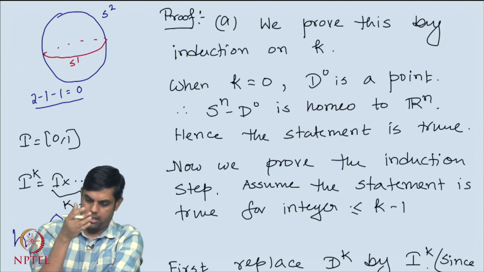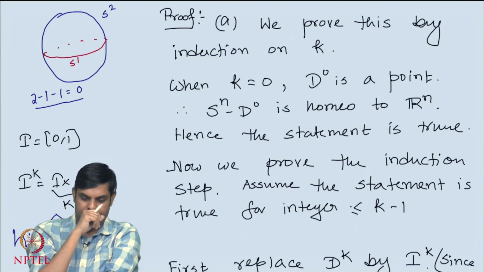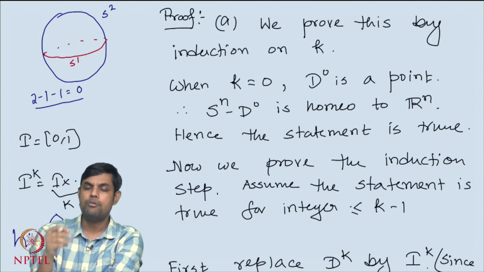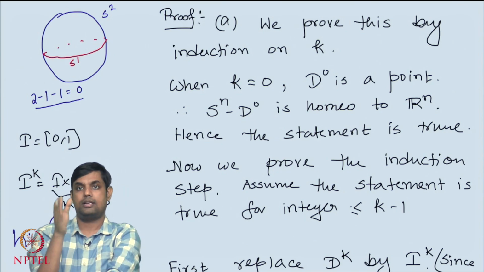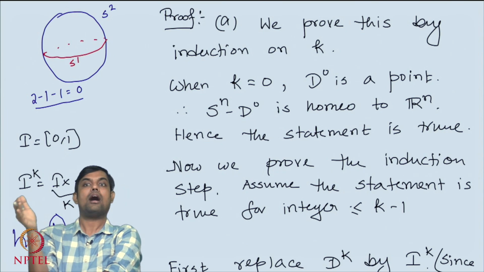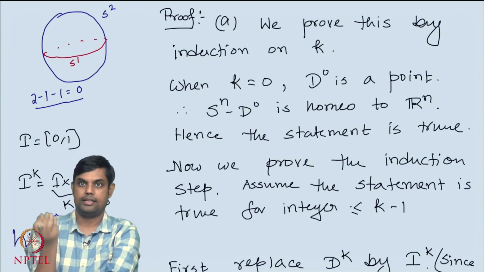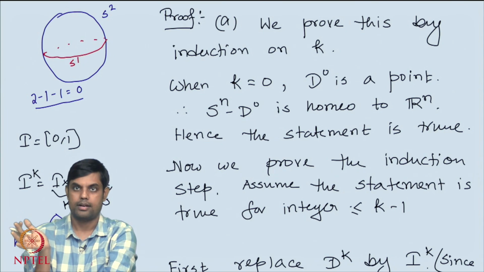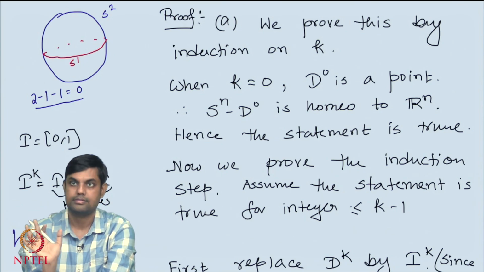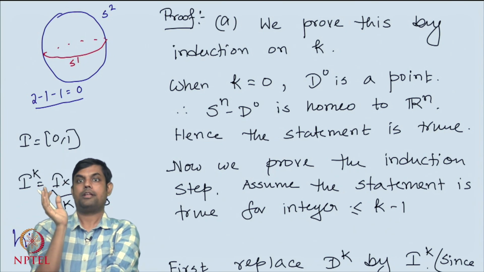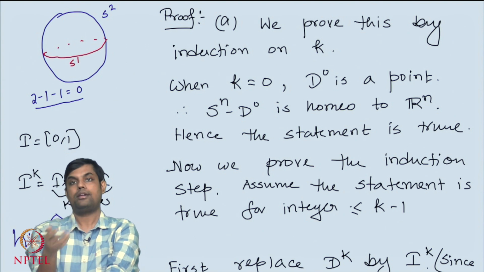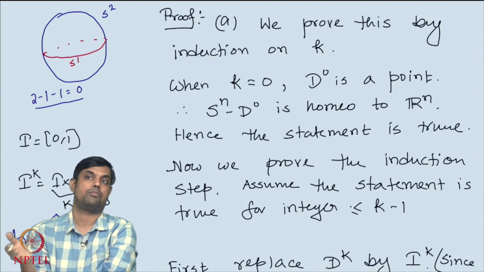So, now if I remove a point from S^n, no matter what the dimension n is, I am going to get R^n. S^n minus a point is homeomorphic to R^n, which is acyclic, okay. In particular all its homologies are trivial, all reduced homologies are trivial.